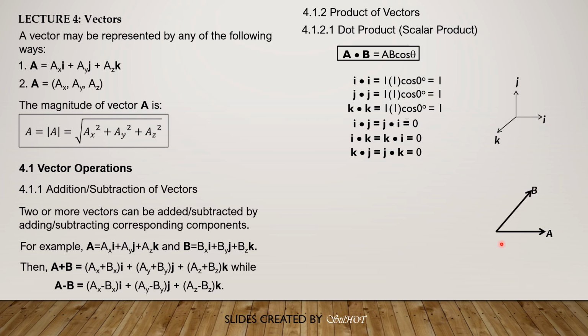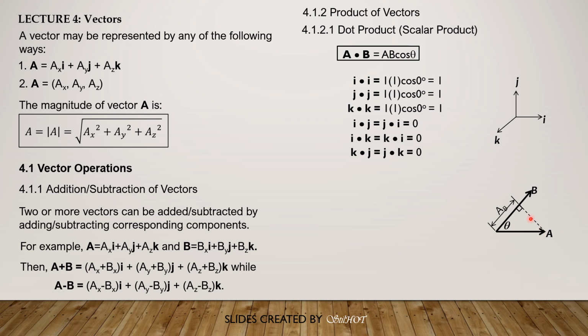So if these are the two vectors A and B, and this is the angle between them, then one application of the dot product is to determine the component of one vector in the direction of the other. We call it the orthogonal component of vector A in the direction of B, denoted by A sub B, and it is a scalar.